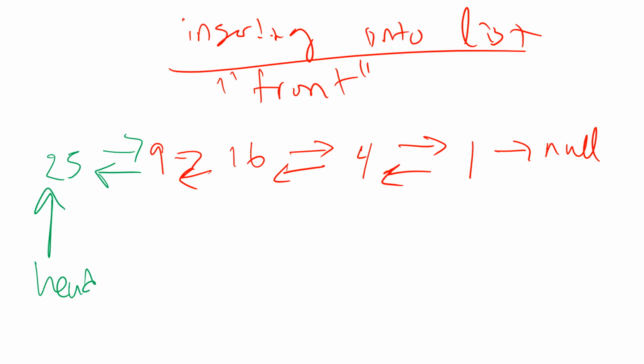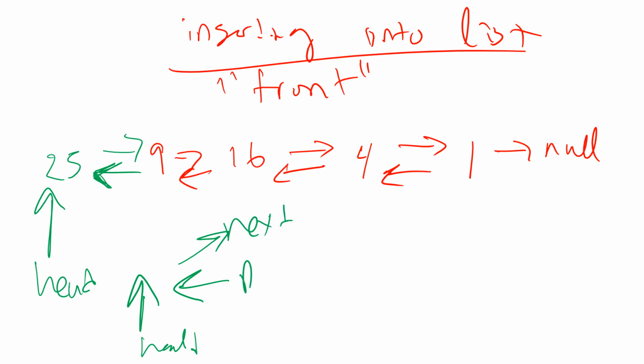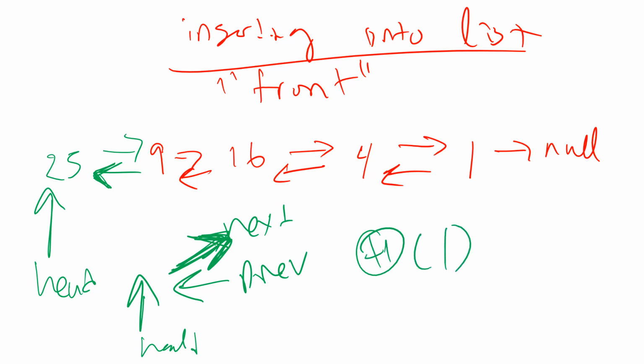It's simple messing with pointers. All you're doing is flipping pointers around. You're changing what pointers are referencing. Your head, next, previous. You're changing a few pointers, three pointers to be exact, that are getting flipped. That happens in constant time.